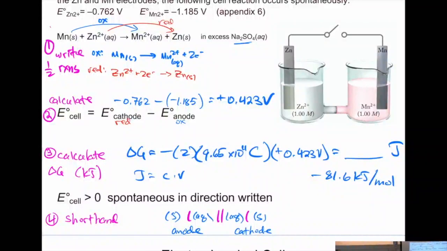In this case, the anode is where oxidation is occurring, and the oxidation is the manganese. So we start with manganese solid, and that gets turned into manganese 2+. On the cathode side, we start with zinc 2+ in aqueous solution, and we end up with the zinc cathode at the end. So that's how you would do the shorthand.